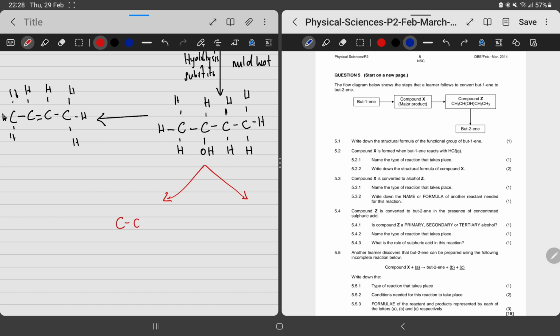So I have 1, 2, 3, 4, right? I can either form a double bond at that carbon, or I can form a double bond at that carbon. So this will become a minor product.